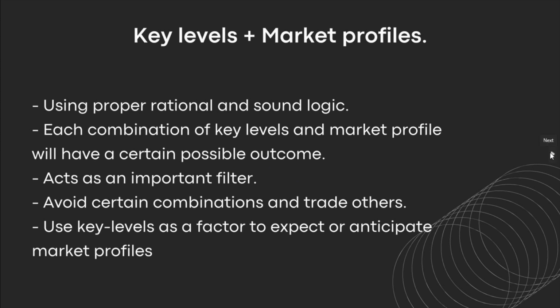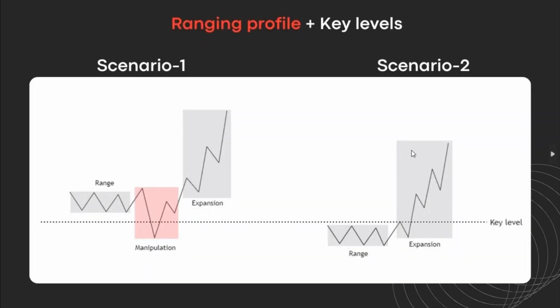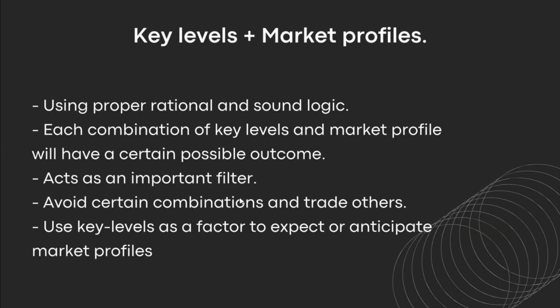So market profiles and key levels together will give you filters. Similarly, you're going to avoid trading certain combinations of market profiles and key levels and trade others, right? Last but not least, we're going to use these two together to expect or anticipate other market profiles. These are the main things that we're going to be learning in this chapter.